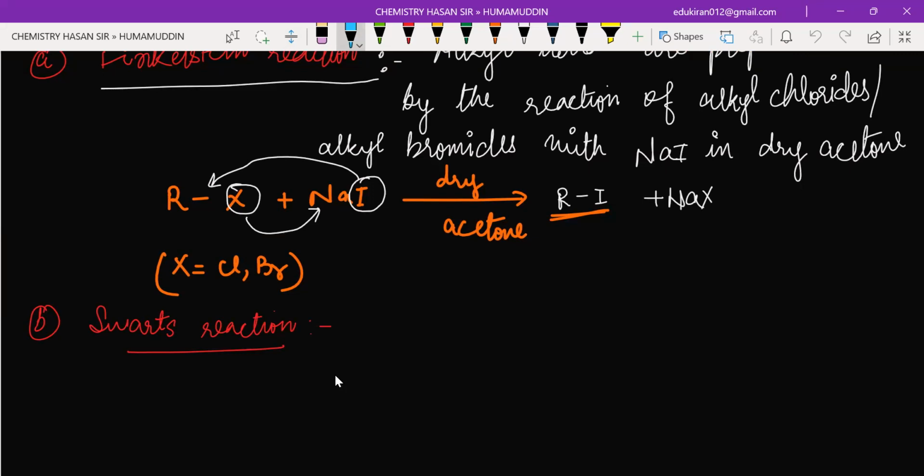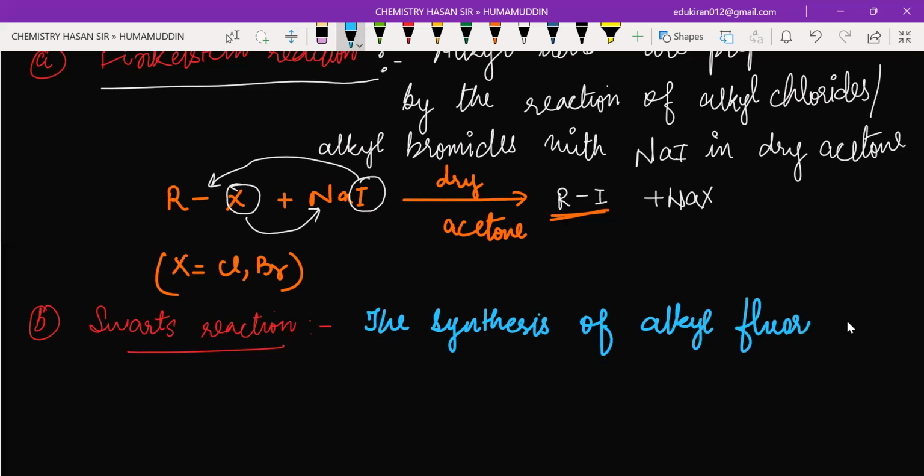So I'm going to write the synthesis or the preparation of alkyl fluoride by heating an alkyl chloride or bromide.